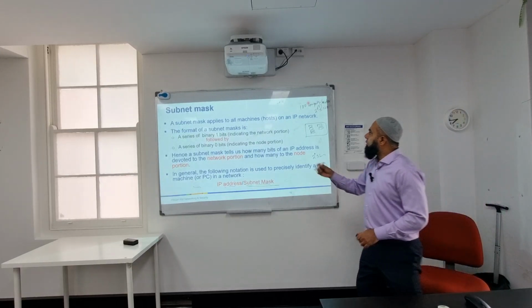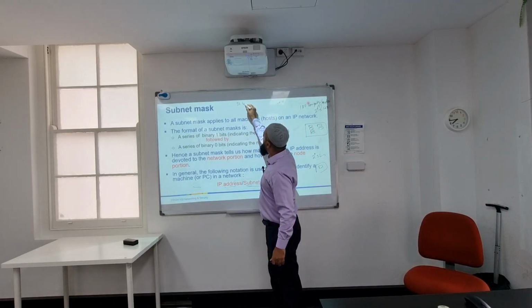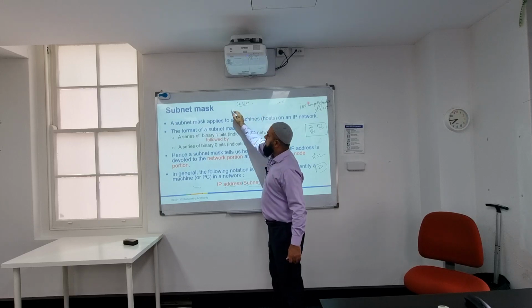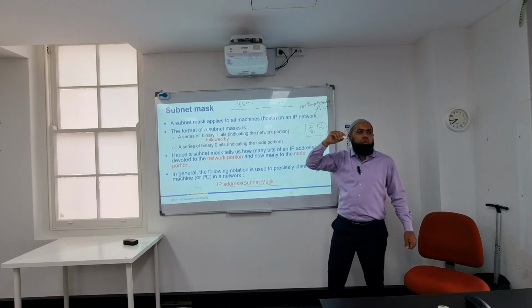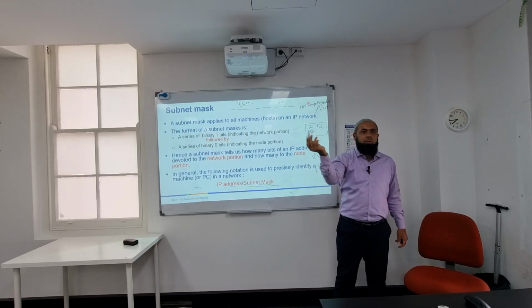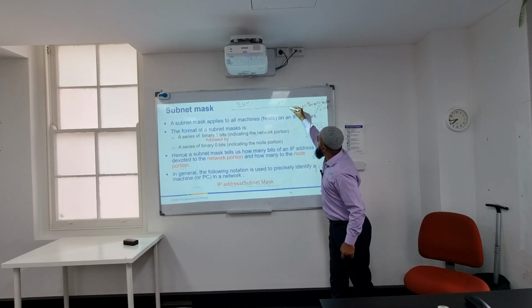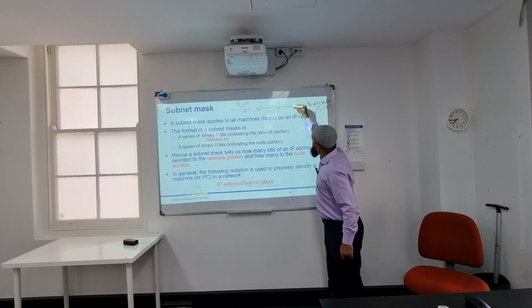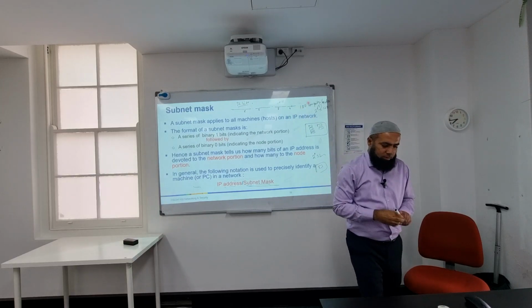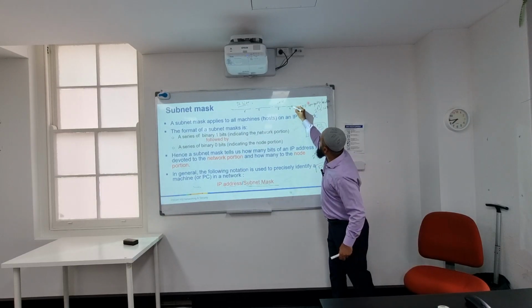So out of those 32 bits of my IP address, how many am I using? If 10 computers are there, 2 power 4. Up till here this is 8, this is 8, this is 8. Out of the last 8, I am using only these 4.